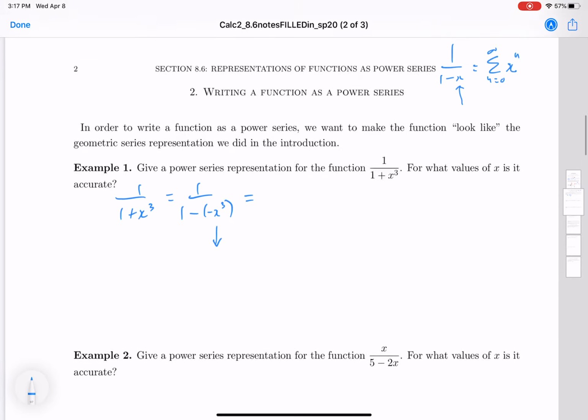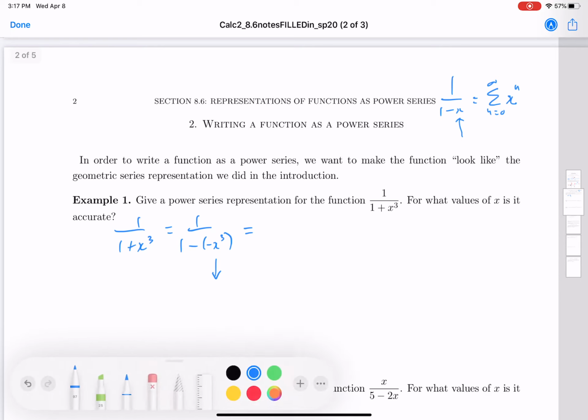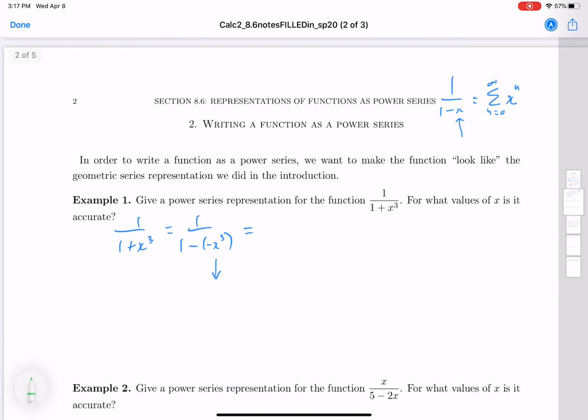So this thing right here, that negative x cubed, that's like my x. So I'm going to get this exact same expression over here, except instead of an x here, I'm going to get a negative x cubed to the n. And that's from n equals 0 to infinity.